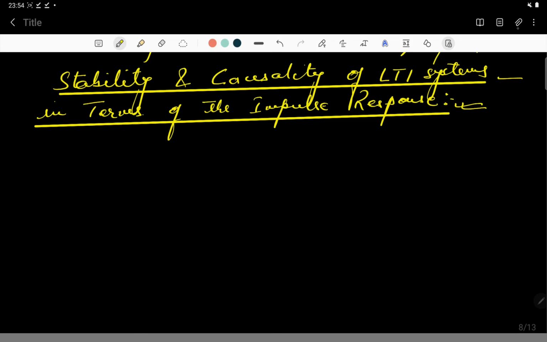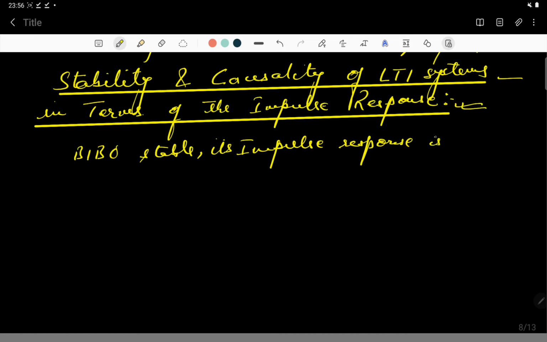All right, impulse response. Now, what is stability? Stability in a time domain system, simply a discrete time system, is bounded input, bounded output stable if and only if its impulse response is absolutely summable.